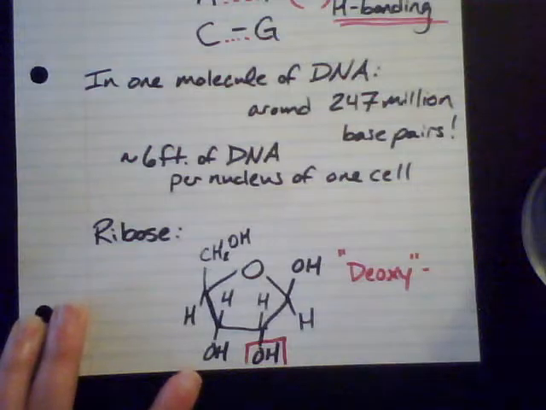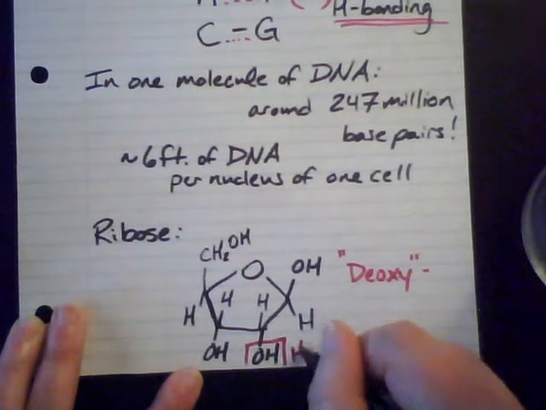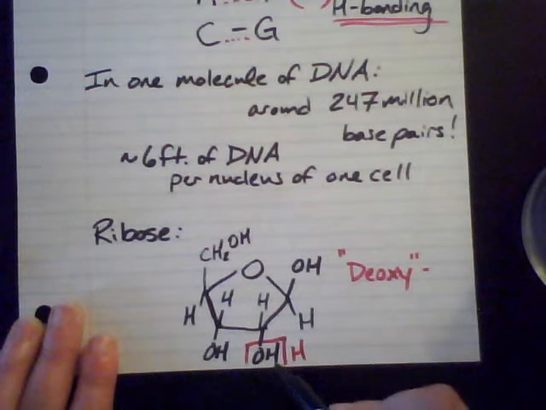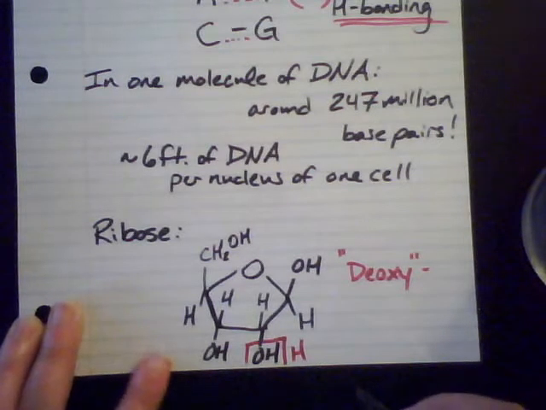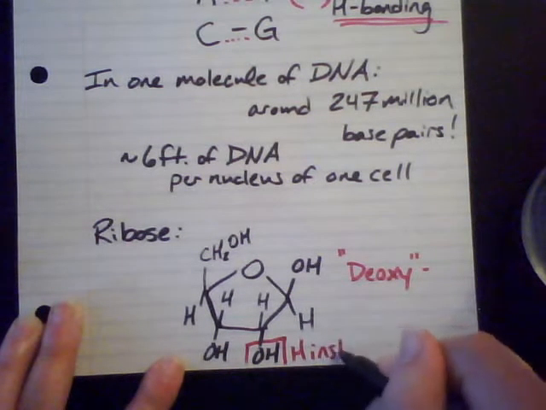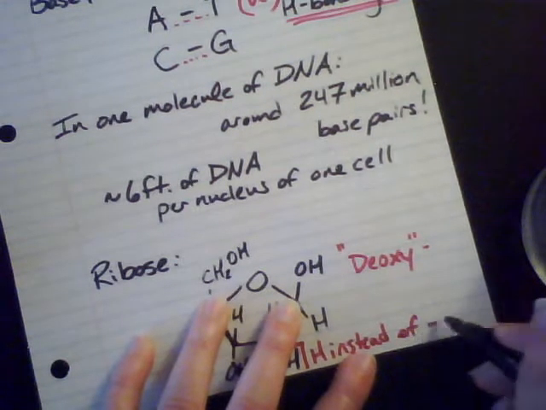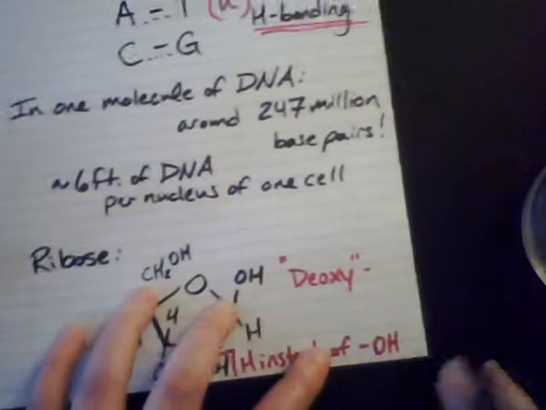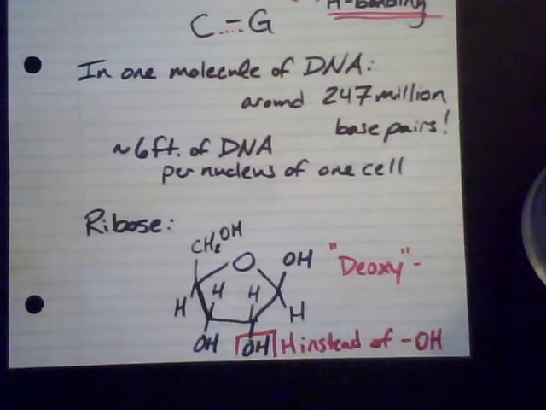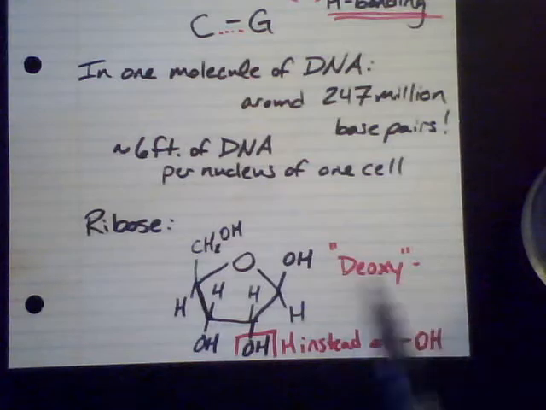So if this was just a hydrogen instead of an oxygen with a hydrogen, so a hydrogen instead of that alcohol group, so if that was a hydrogen instead of that hydroxyl group, then it would be deoxyribose.